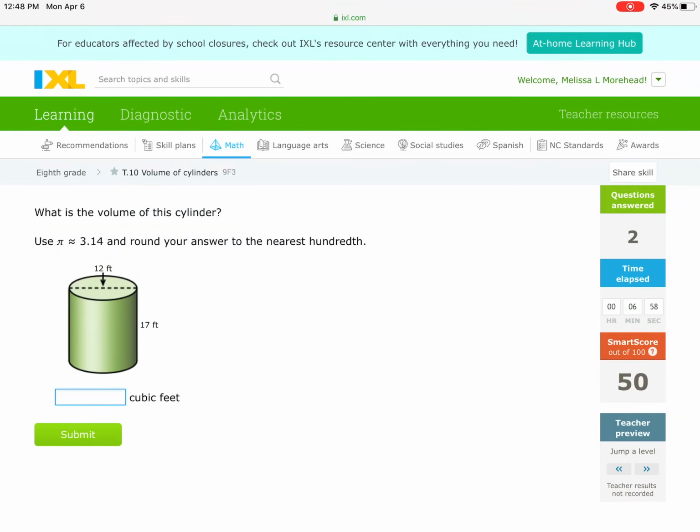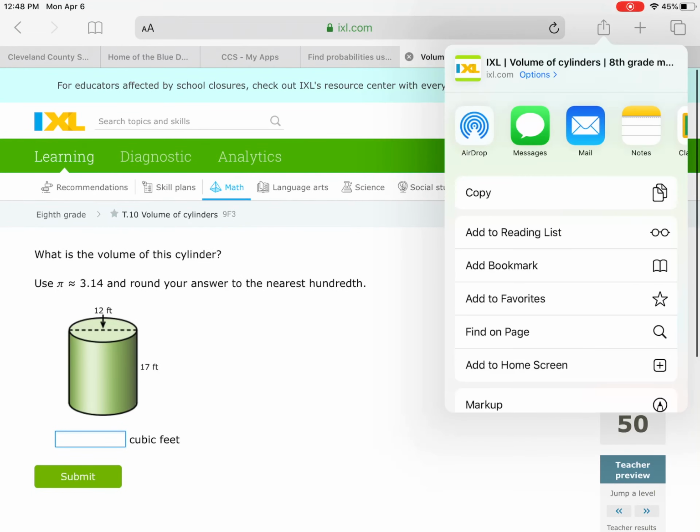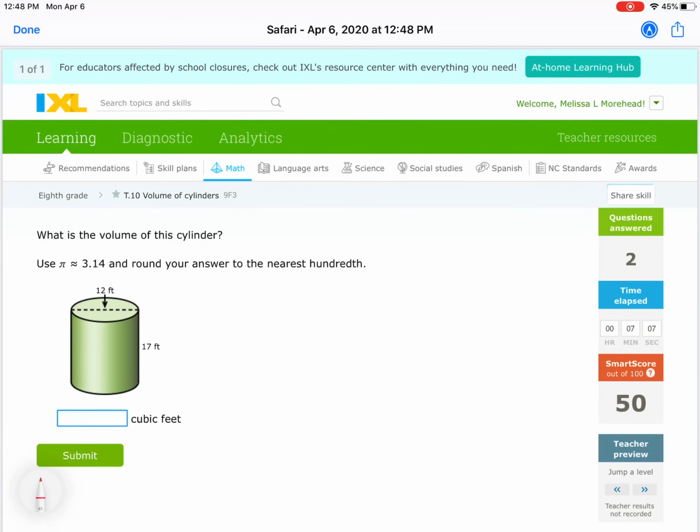All right, this one's going to be a little bit different because if you will notice, across the top, our 12 feet goes all the way across. We have to be careful with this one. And when you think about this, if we were to cut that in half and stop in the middle, then it would be 6. So then I can set my problem up like we have been. 3.14 times 6 times 6 times 17.